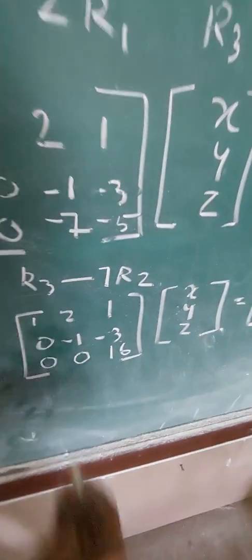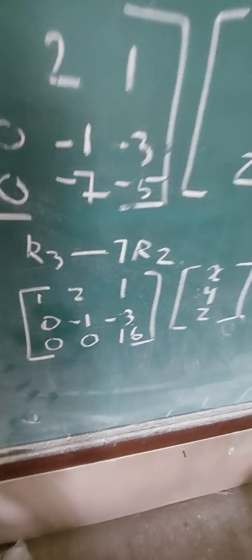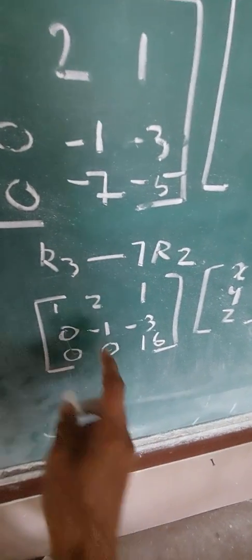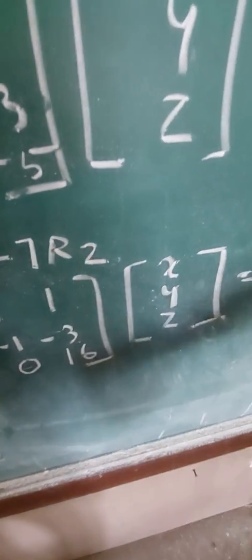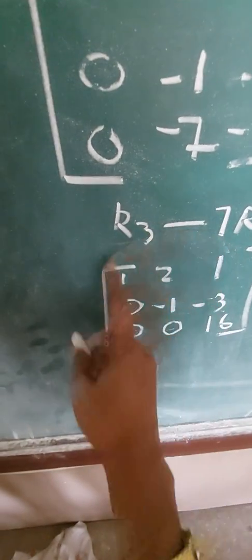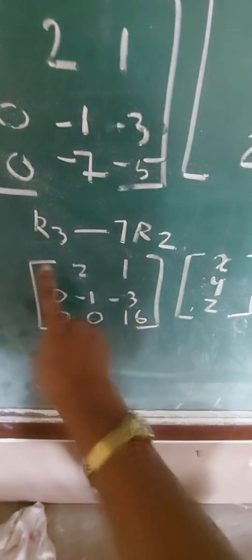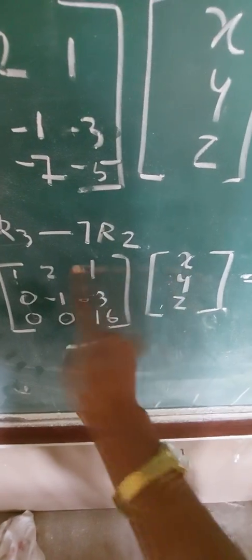Now we have reduced the matrix A into a triangular matrix. Here 3 zeros we got. Now we can multiply and we can solve. So we are multiplying first row into column, second row into column, third row into column. So 1, 2, 1 into x, y, z: x, 2y, z.